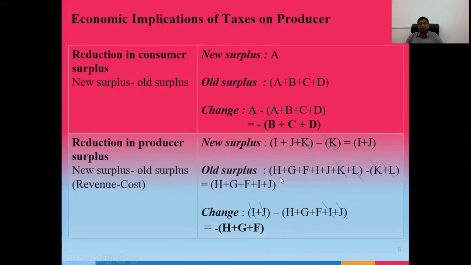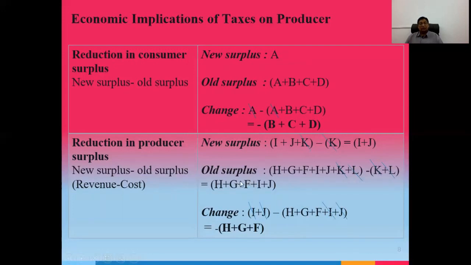For the old surplus, the producer's income is H, G, F, I, J, K, L. The cost of production is K, L. The difference between the producer's income and the cost of production is the producer's surplus.